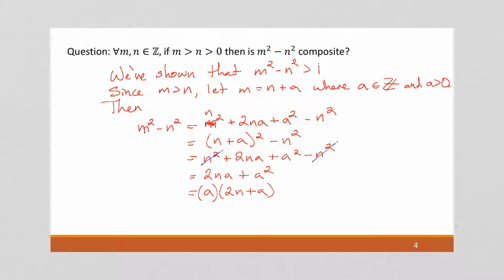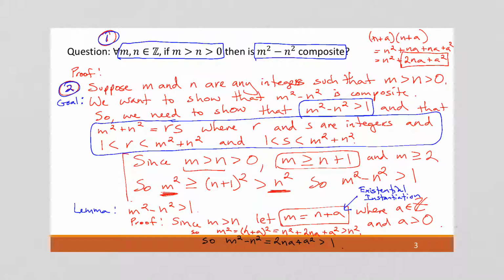Right, so now I have two factors. Can we call this one an R and this one an S? Well, it seems like that's fitting our definition. Recall our definition is we need two integers, R and S, that when multiplied together give me m squared minus n squared.